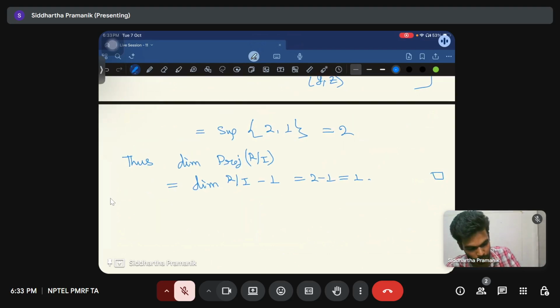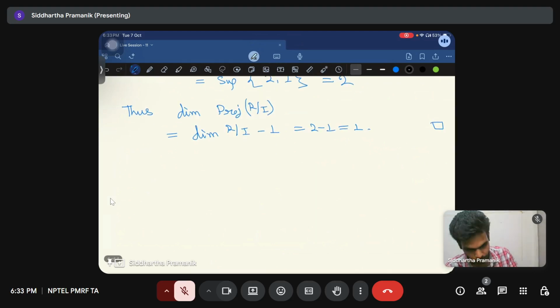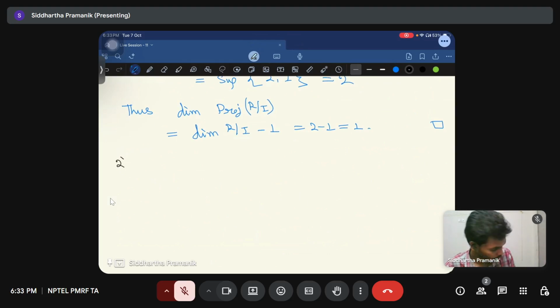Okay, let me write down the second problem. Let R be the polynomial ring in two variables x, y over the field of complex numbers.